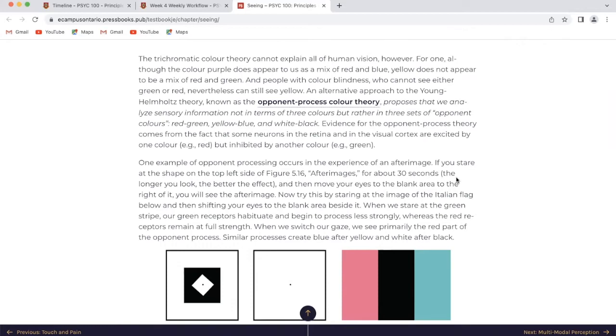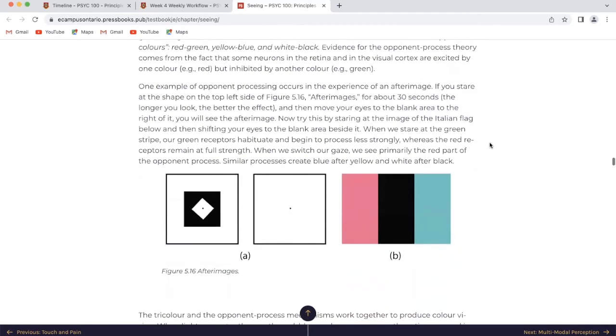An alternative approach to the Young-Helmholtz theory, known as the opponent process color theory, proposes that we analyze sensory information not in terms of three colors, but rather in three sets of opponent colors: red-green, yellow-blue, and white-black. Evidence for the opponent process theory comes from the fact that some neurons in the retina and in the visual cortex are excited by one color, for example red, but inhibited by another color, for example green.